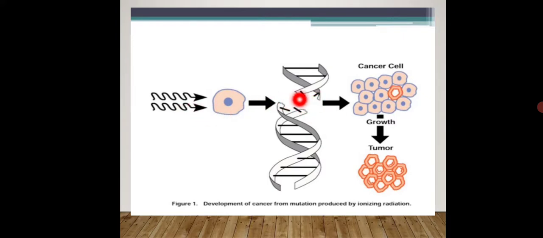By the radiation there is breakage of the double stranded DNA, and as there is breakage, the nucleotides are also separated from the strand, and ultimately it leads to the generation of cancerous cells, or the disease called cancer: growth of tumor, unwanted growth of cells. So it leads to cancer.